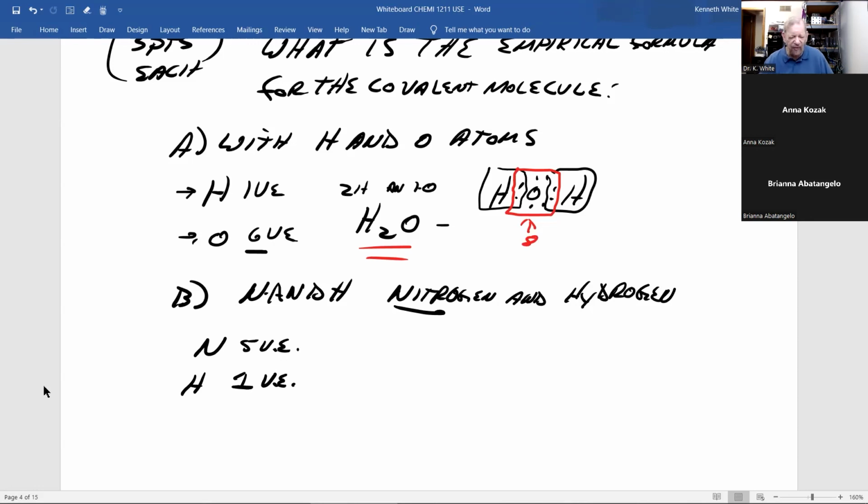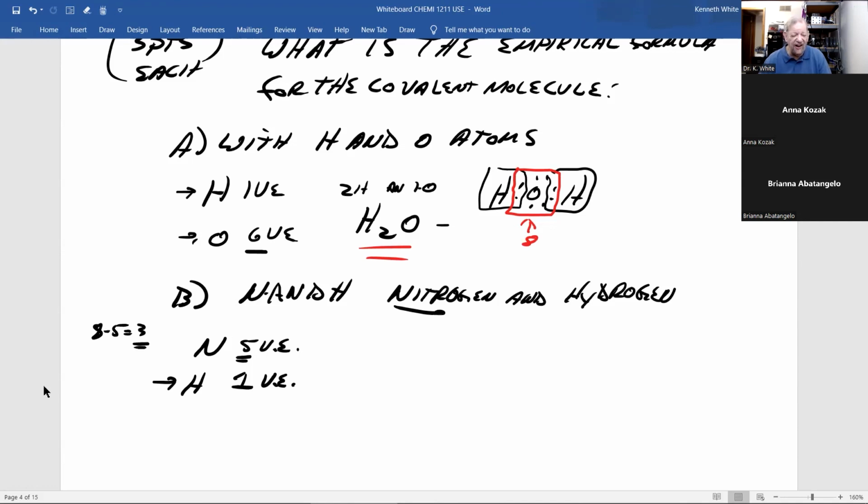So how many valence electrons does nitrogen want to have to be happy? And the answer is 8, but it only has 5. And if it needs 8, and each hydrogen can only give 1, how many more does it need? 8 minus 5 equals 3.